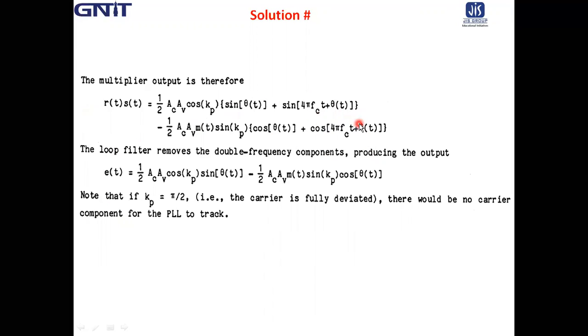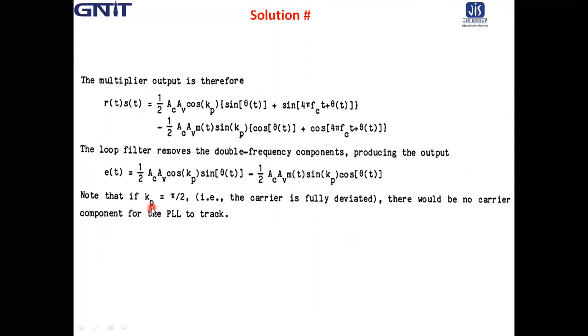So the loop filter removes the double frequency component, producing the output ET equal to half AC AV cos Kp sin theta t minus half AC AV MT sin Kp into cos theta t.